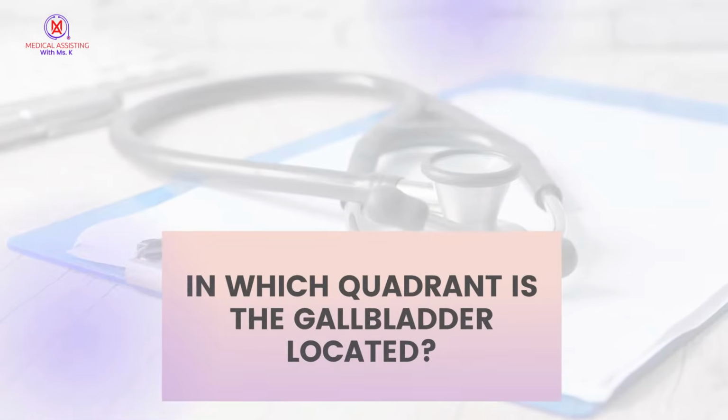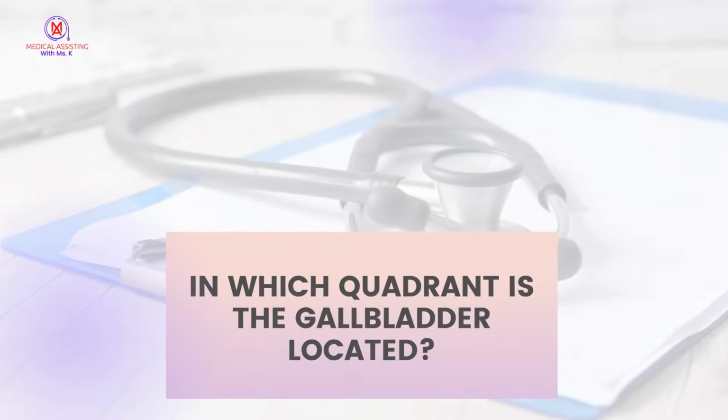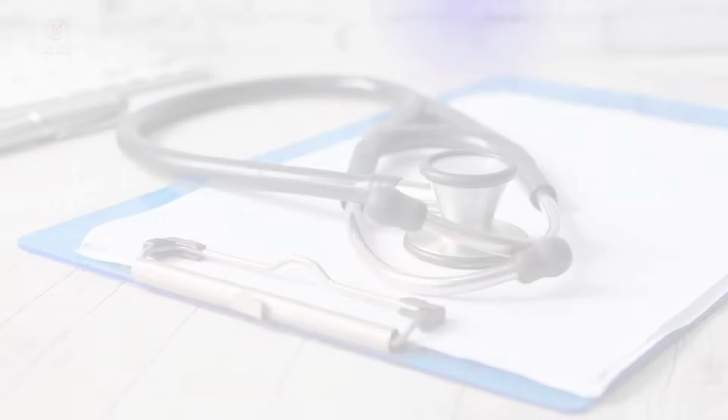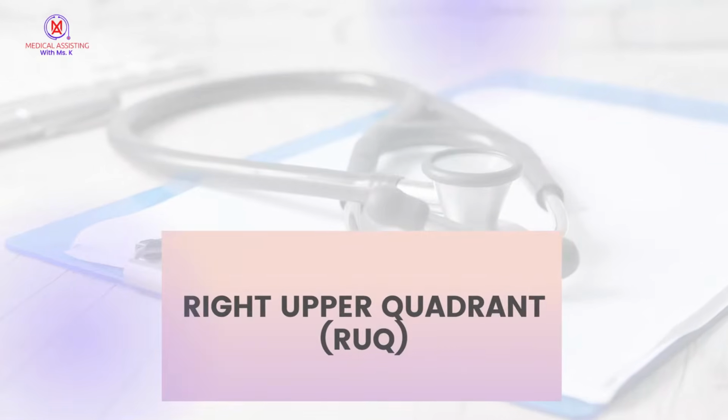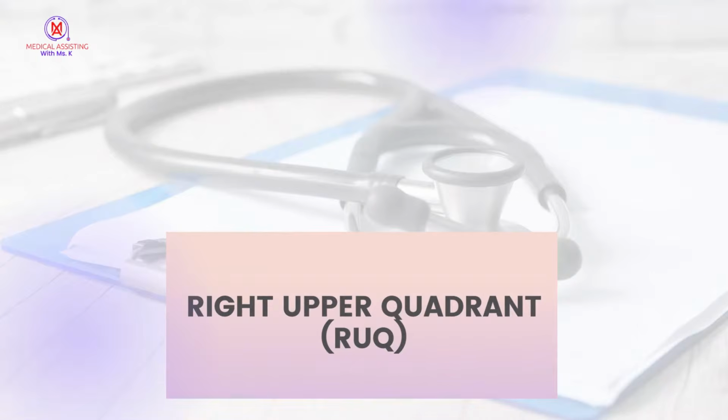And then the gallbladder. In which quadrant is the gallbladder located? Give you guys a couple seconds on that one. If you said right upper quadrant for the gallbladder, you are correct.